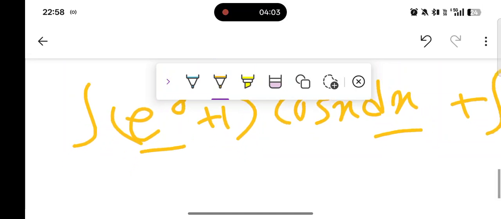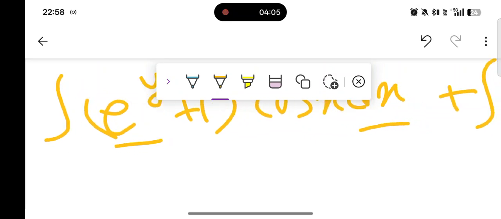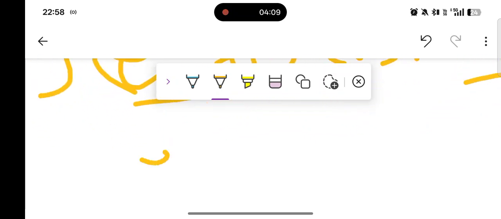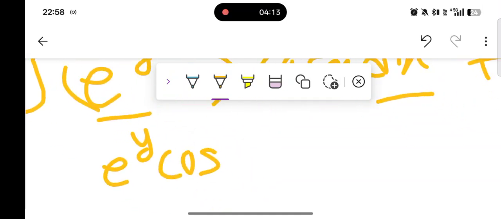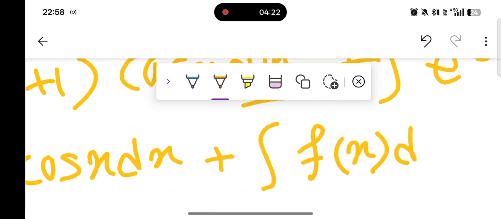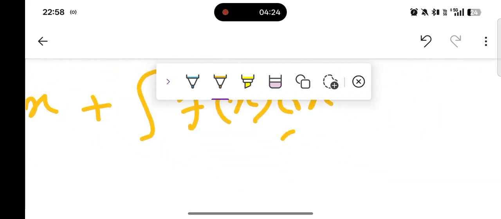However, in that case the first thing you need to do is separate the functions. This is how we can separate, because this is e to the power y cos x dx, very nice integration. Separate in the sense you have to separate these things if you get such kind of terms.